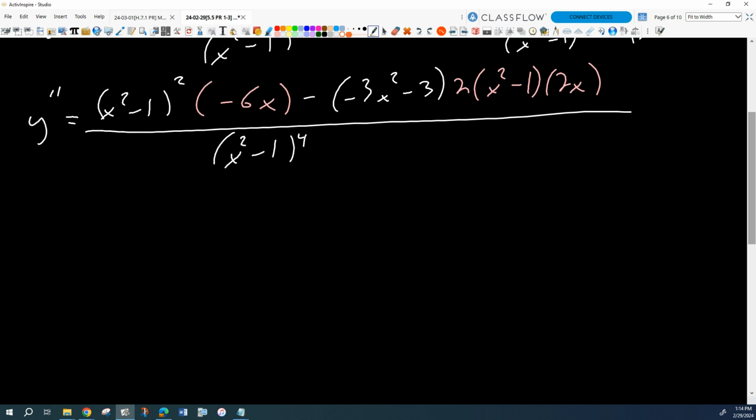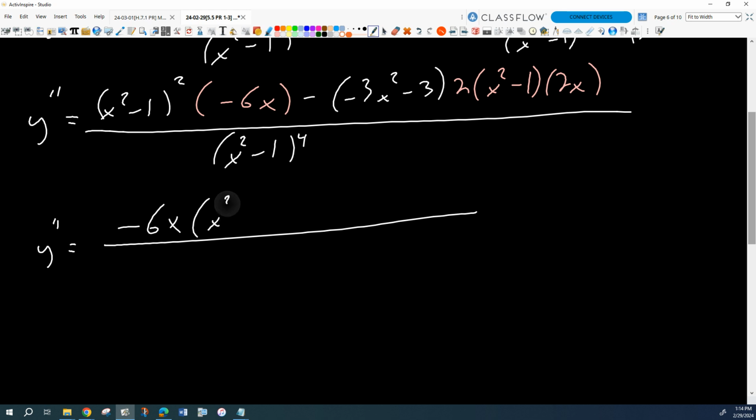Wow, that's a lot. Okay, so we could clean that up a little bit. Let's factor out what we can. Here we got a minus 6x, x squared minus 1, quantity squared. Over here, we could go ahead and distribute that.